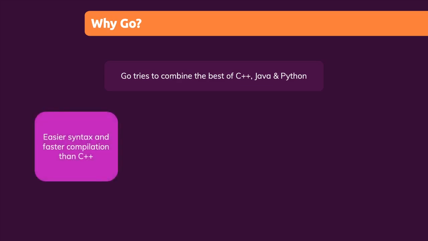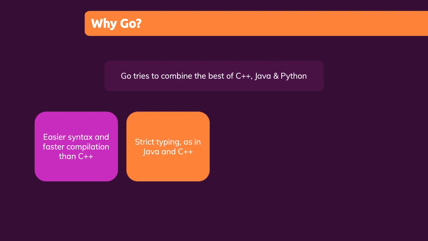That's the case because Go, when it was developed by those Google engineers, was inspired by C++, Java, and Python, since these were the main programming languages Google was using at the time Go was developed.